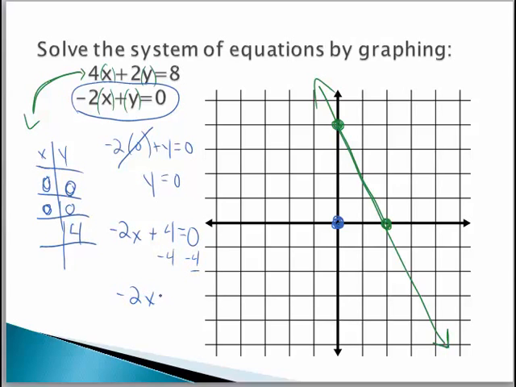That leaves me with negative 2x equals negative 4. Divide both sides by negative 2, and I get x equals 2. So I found one more point. That's the point 2, 4, and I graph that second line.